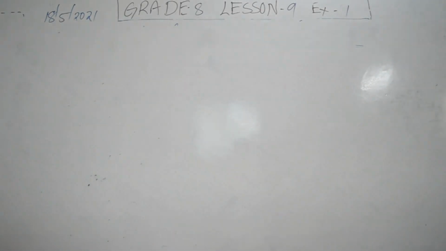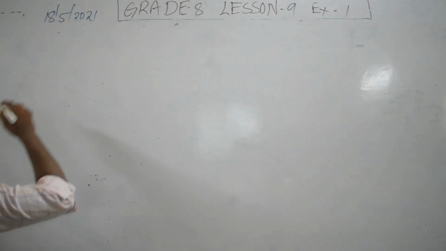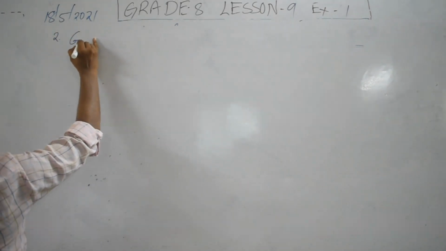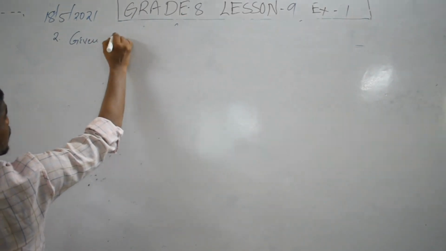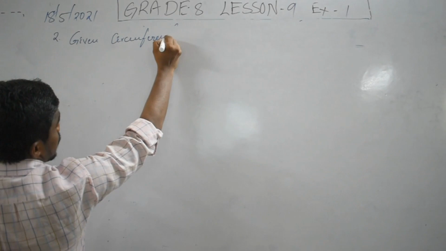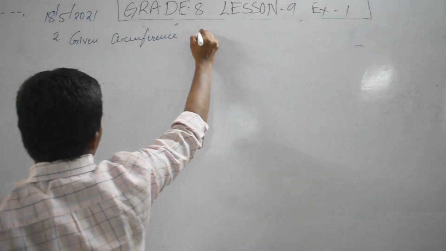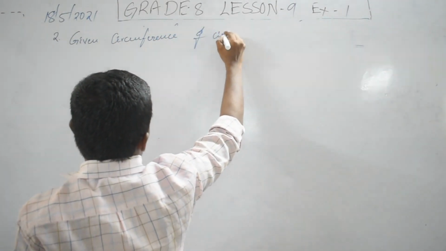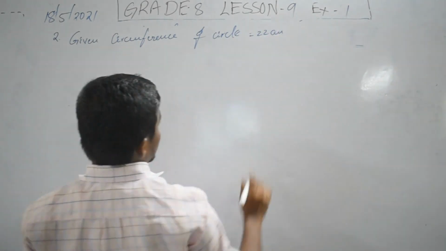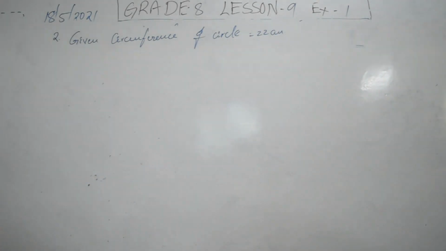Find its area and also find the area of the semicircle. Here, given example 2. The circumference of the circle, like the perimeter of the circle, is given as 22 centimeters. So what is the radius they are asking?